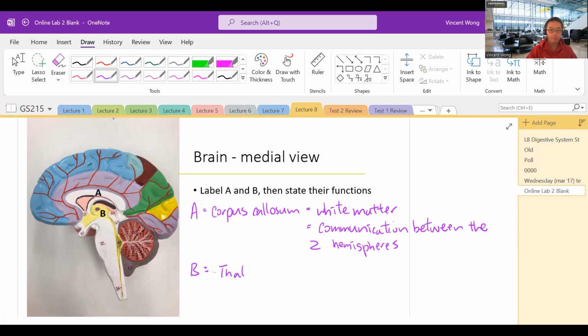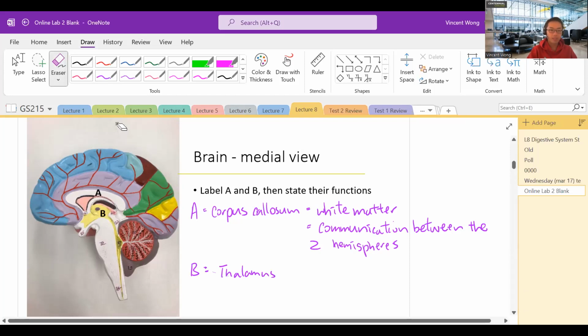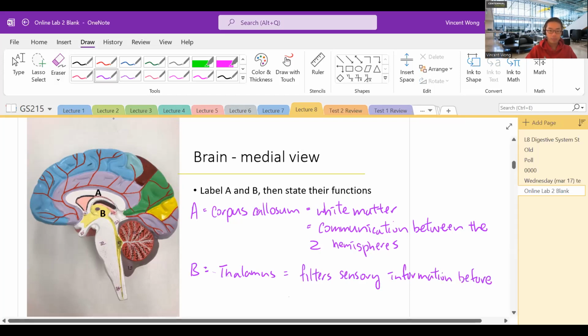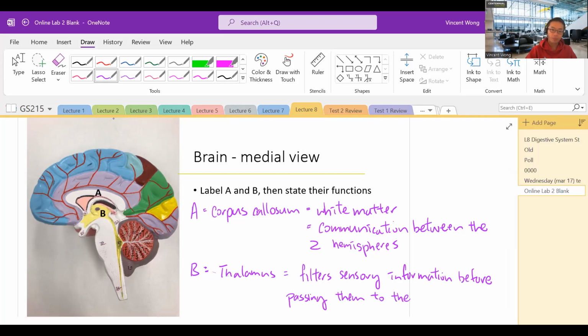B is the thalamus. The thalamus is responsible for filtering sensory information before passing it to the appropriate lobe.